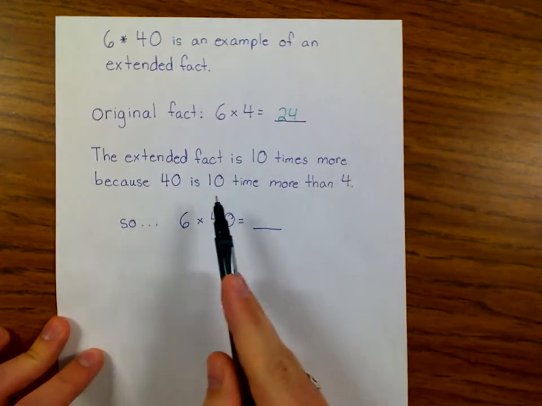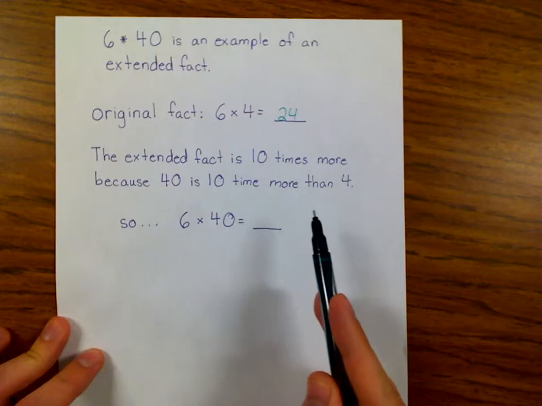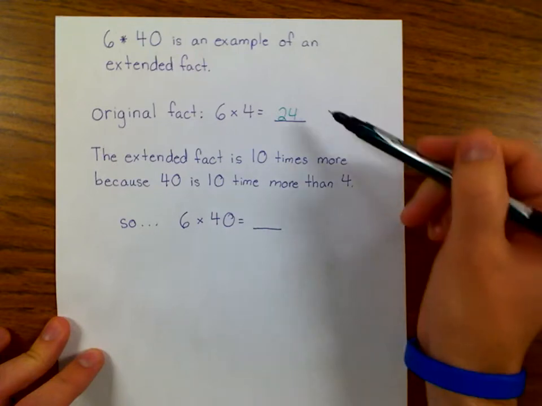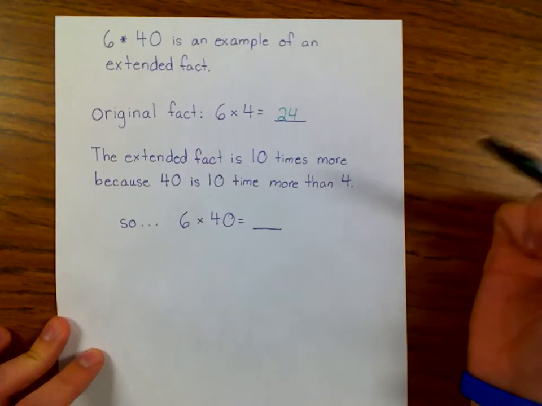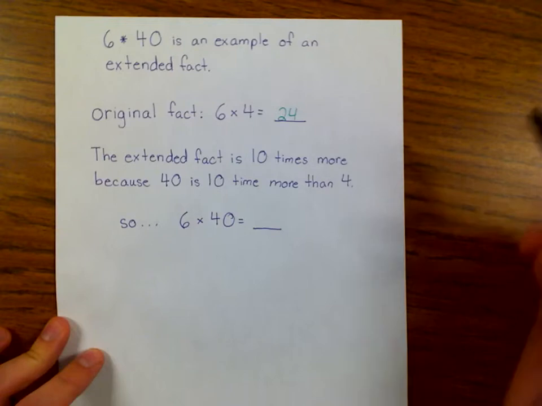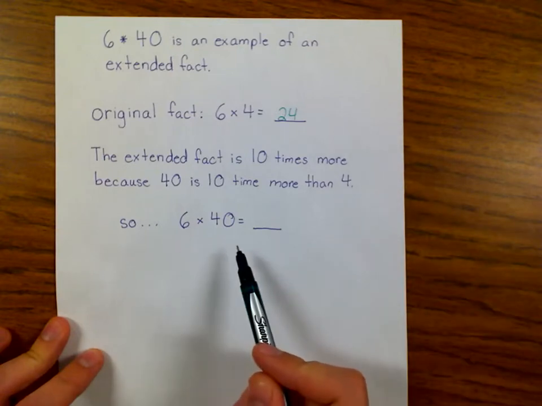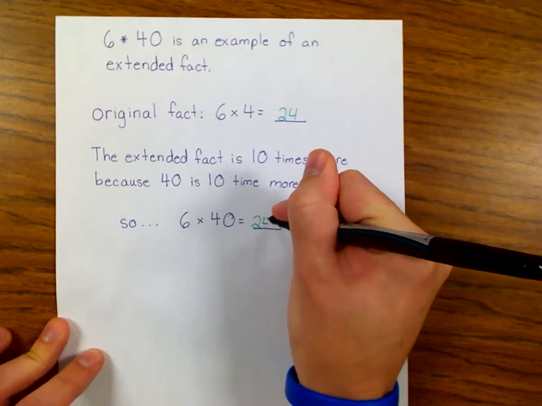Now, the extended fact is 10 times more because 40 is 10 times more than 4. So really, all I can do is take 24 and multiply it by 10. Any number times 10, all you have to do is add the 0 to the end. So 6 times 40 is equal to 240.